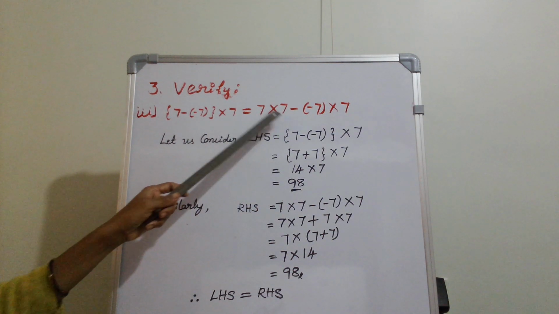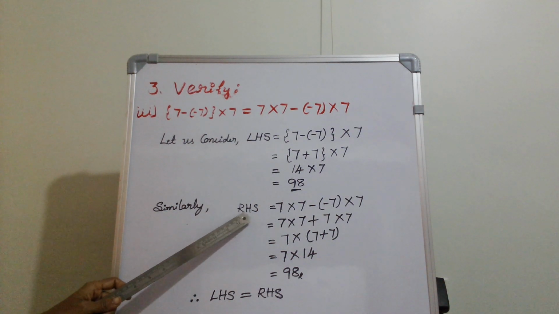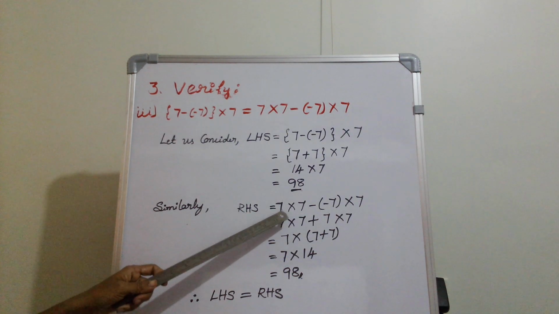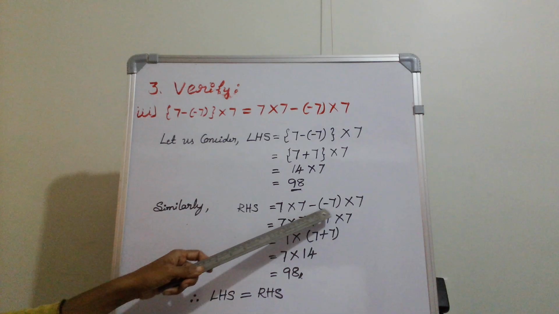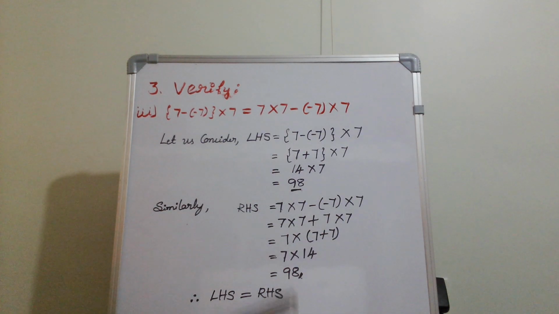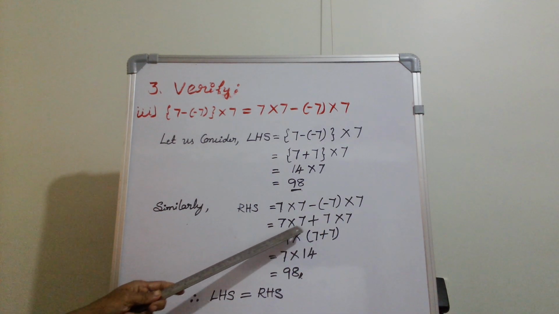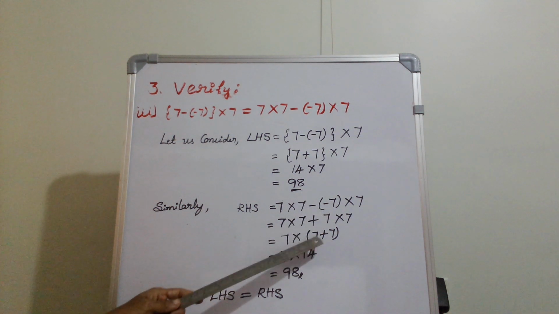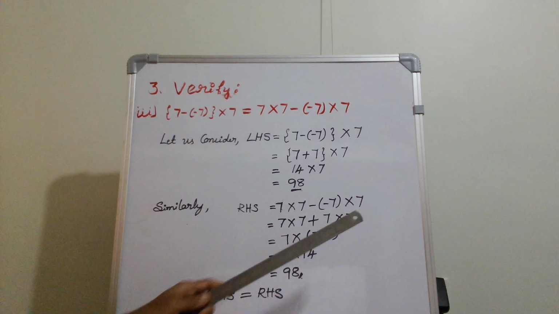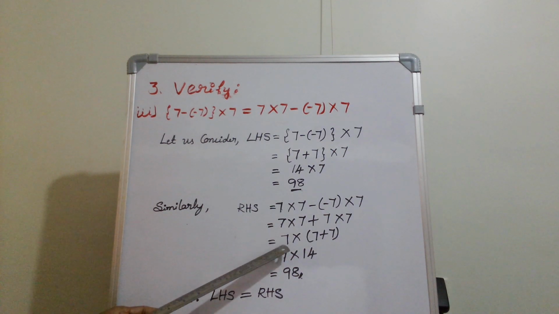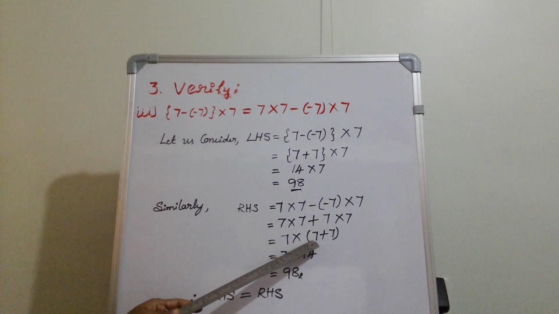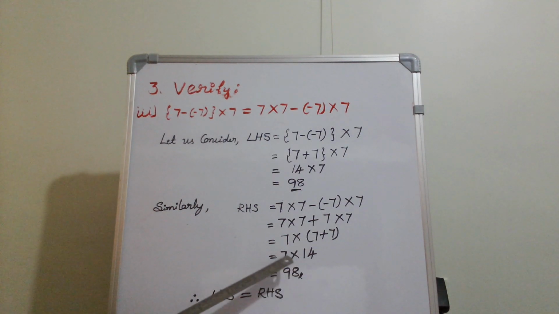Now consider the RHS. RHS is equal to 7 into 7 minus of minus 7 into 7. Okay. So 7 into 7 minus into minus is plus 7 into 7. Take the 7 as a common factor. 7 into 7 plus 7.